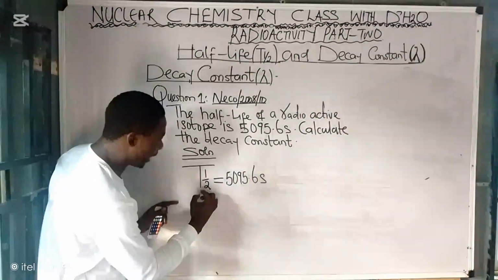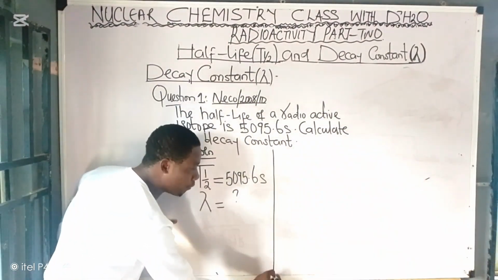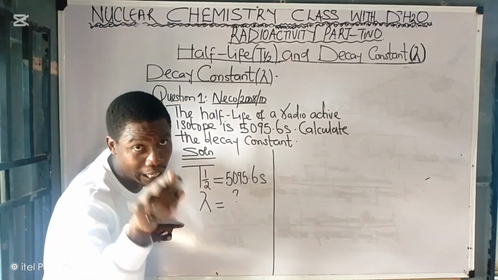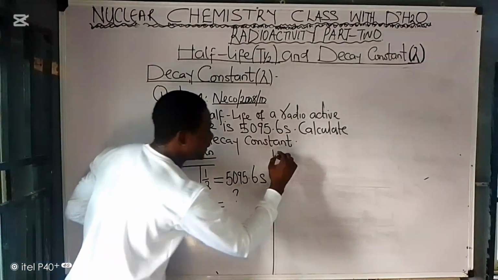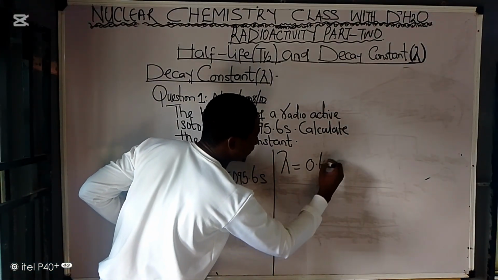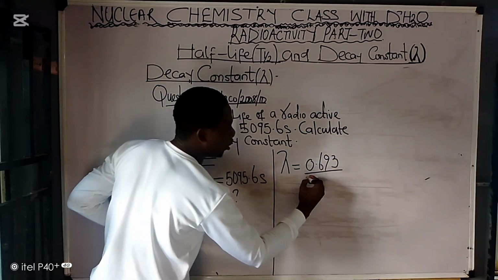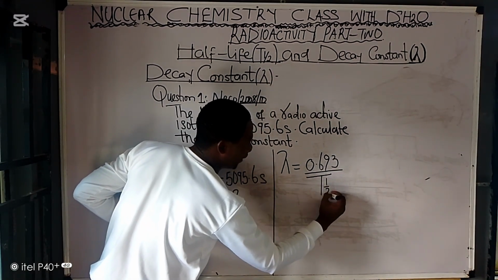Now, what is our decay constant? We don't know. According to formula number 1, the one I gave you earlier in this lesson, decay constant is equal to 0.693 over the half-life.